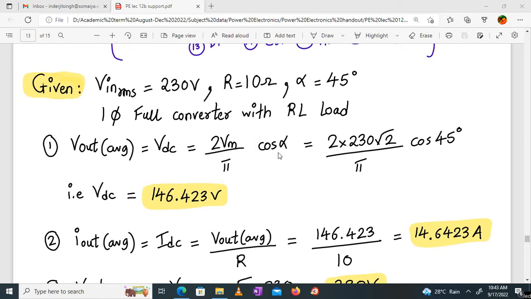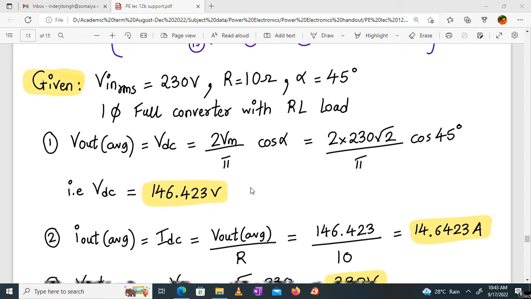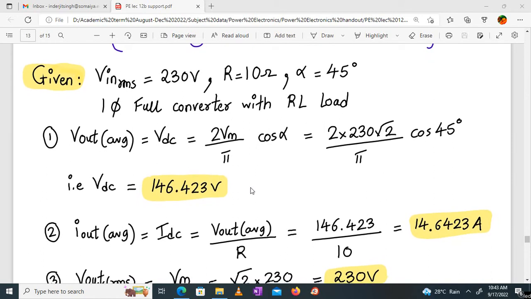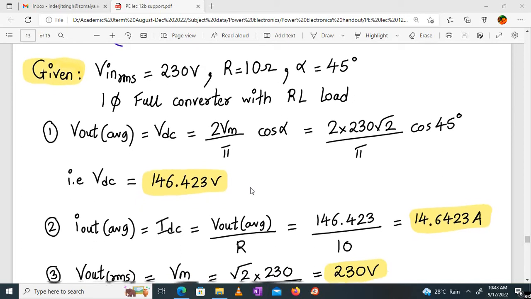Now Vm is root 2 times Vrms, so it will be 2 into 230 into root 2 divided by pi into cos of 45 degrees. If you solve this on a calculator, you will get a value of VDC as 146.423. So please check this answer.